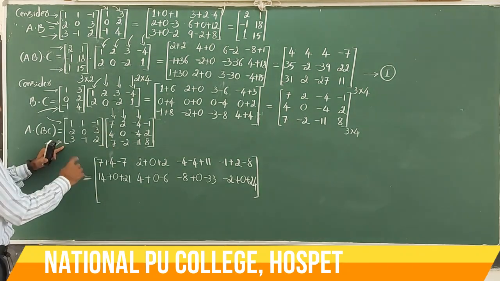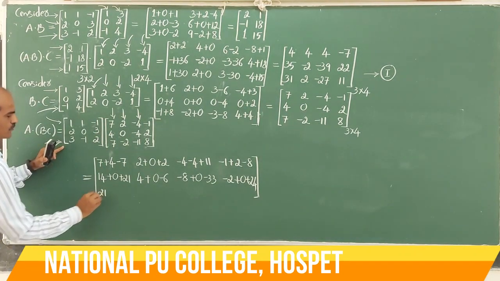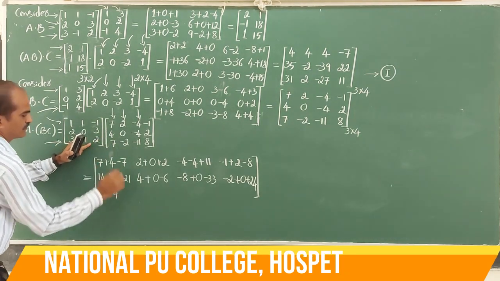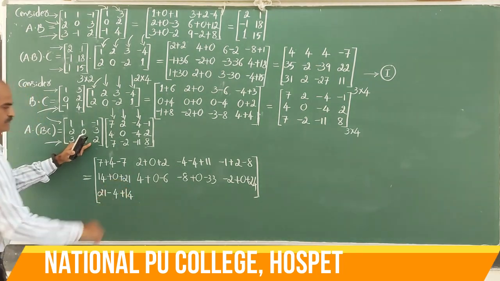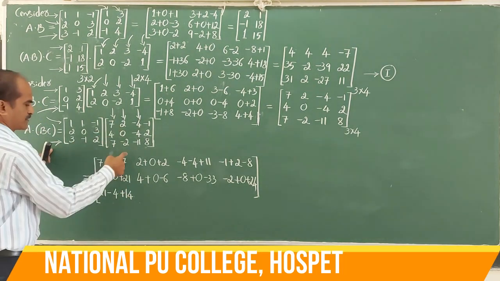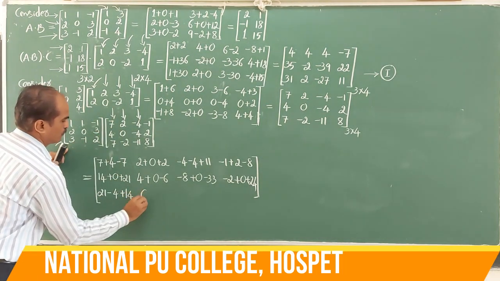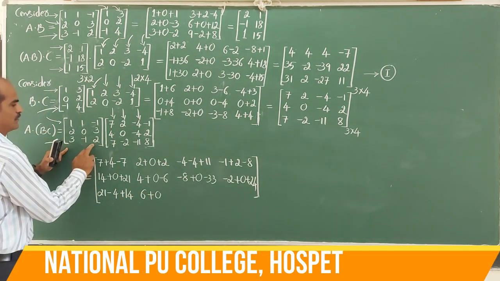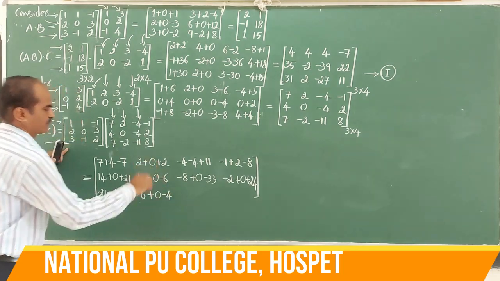Now take third row elements. Third row, first column: 3 into 7, 21, plus minus 1 into 4, minus 4, plus 2 into 7, 14. Now third row, second column: 3 into 2, 6, minus 1 into 0, 0, 2 into minus 2, minus 4.